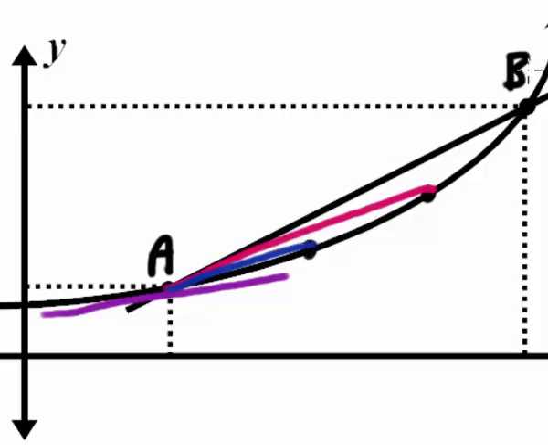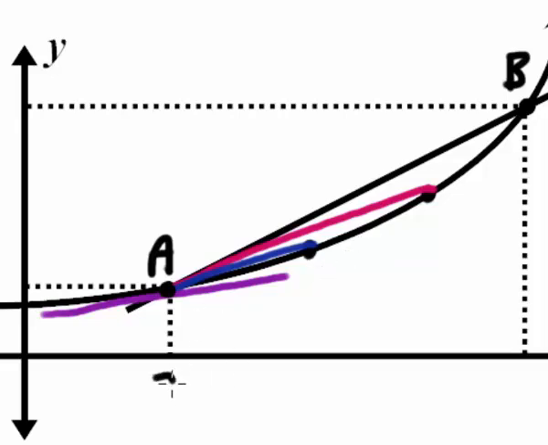So you had the black line, the pink line, the blue line, and eventually the purple line. And these gradients changed, and eventually they approached the gradient of the purple tangent line at that point A. Now, what I want to do is create a formula for average gradients.